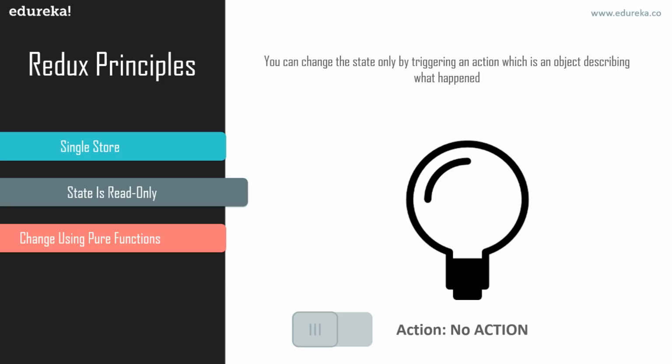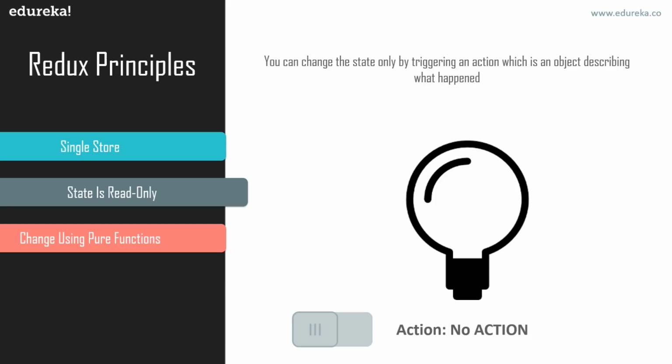No part of the system can ever receive data from two sources. This is very important because for the first principle of Redux, there will always be a single store. It cannot have multiple stores, and all the components have to receive the updates or changes from that particular store only.